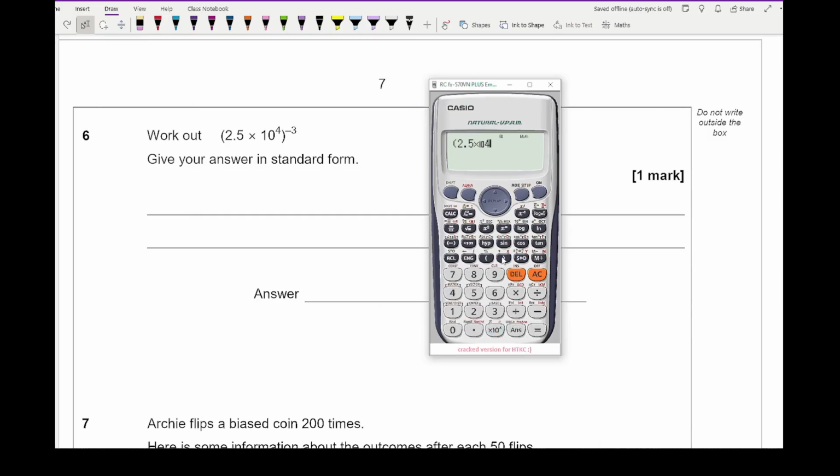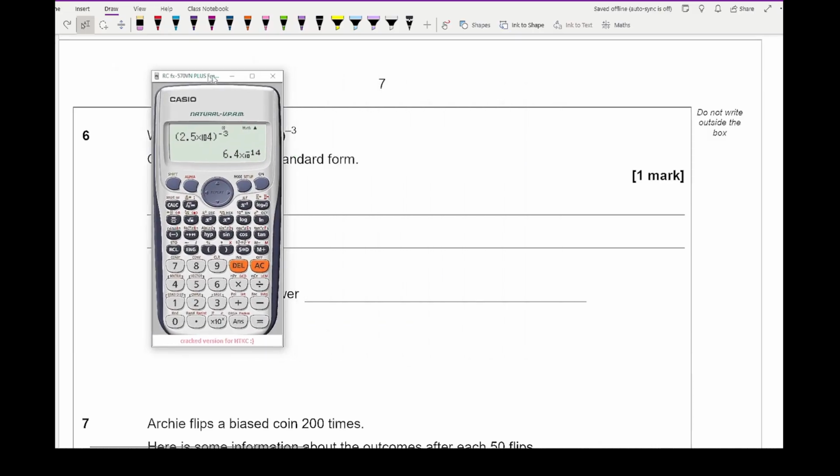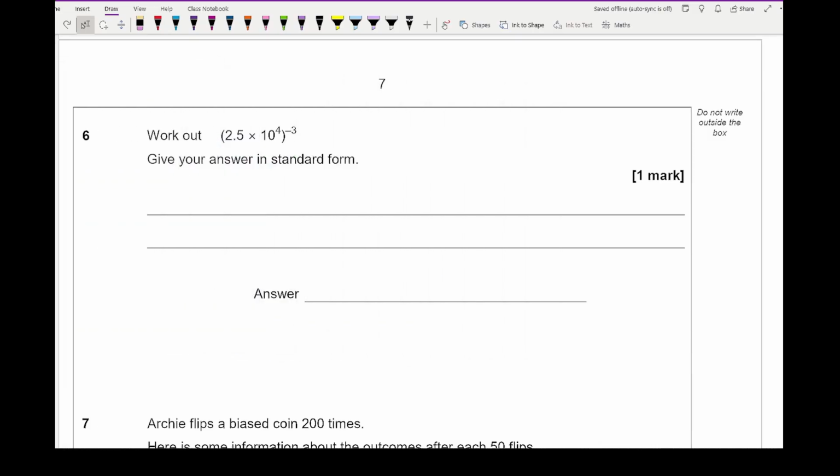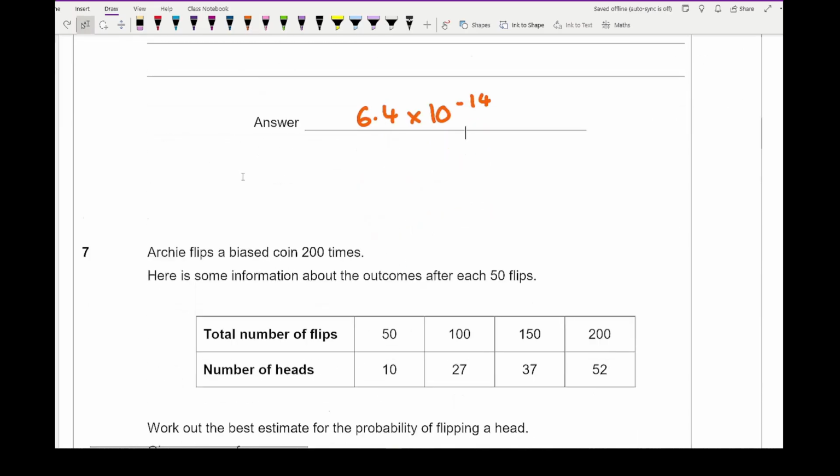I'm going to go for the standard form button, and then to the power of negative 3, and I get 6.4 times 10 to the power of 14. So I'm just going to write 6.4 times 10 to the power of 14. And for 1 single mark, it's just a straightforward stick it in your calculator question.